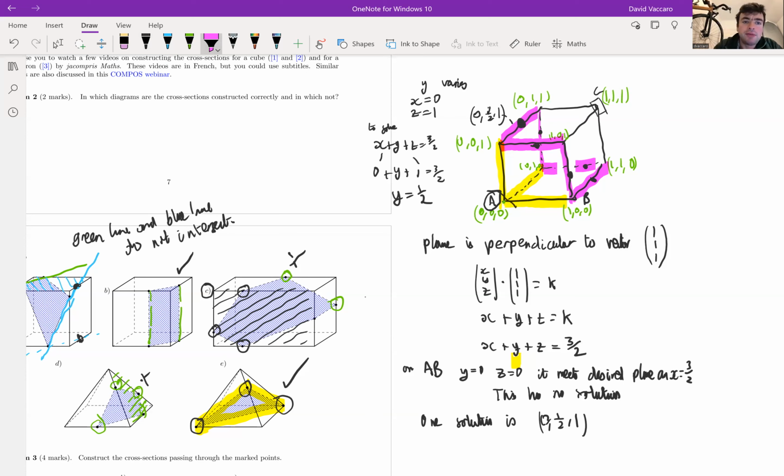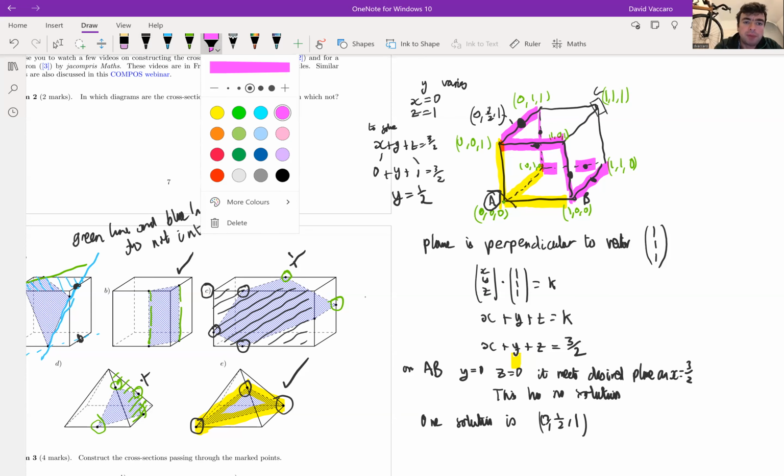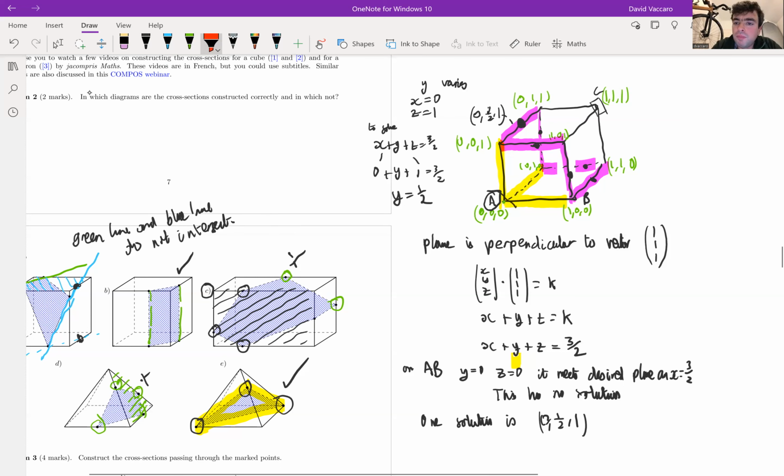Okay, and then for completeness, we should consider the 3 edges which are incident with C and convince ourselves that we get no solutions there.